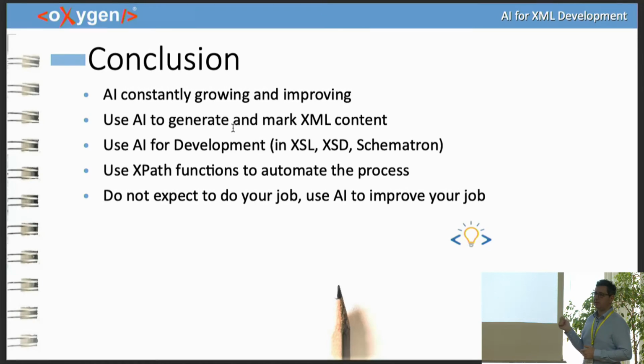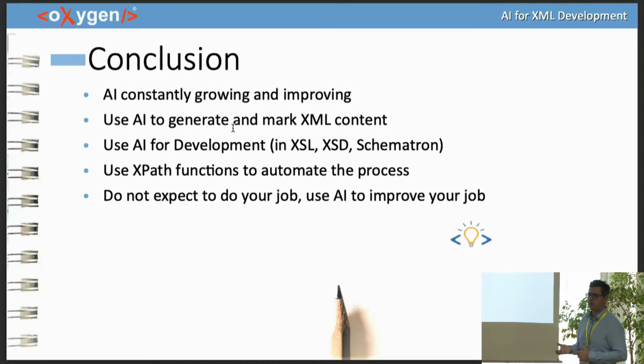You can use these XPath functions, and you can develop your own XPath functions that will allow you to use AI in different parts, so in Schematron or in XQuery or in XSLT, and you can perform automatic actions. And do not expect AI to do your job, so it will not do your job, but use it to improve your job.